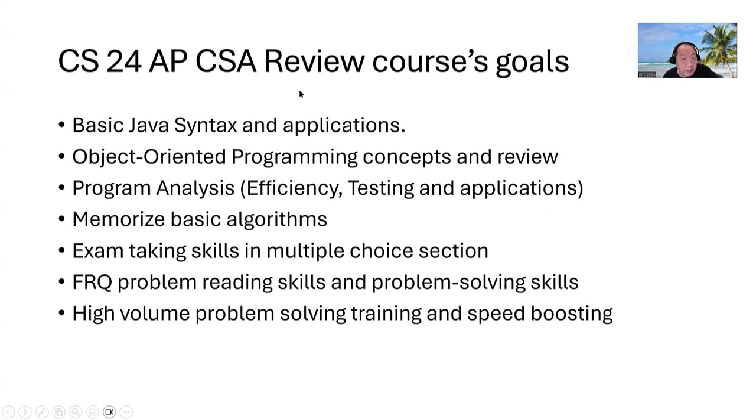Many parts of this course are to memorize basic algorithms and put them into use. We will teach you exam taking skills in the multiple choice section. We will also help you to read the FRQ problems and teach you problem solving skills. A lot of training is needed, and we will also help you to boost up your speed in exam taking.